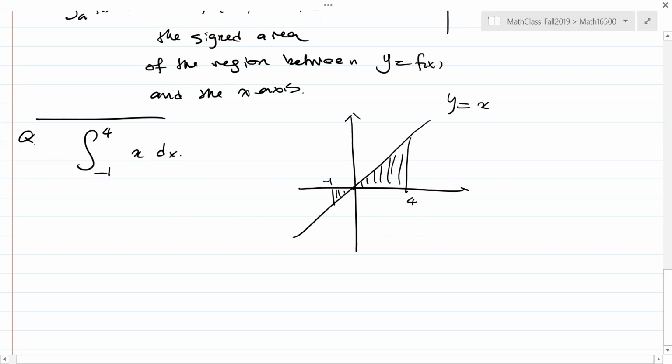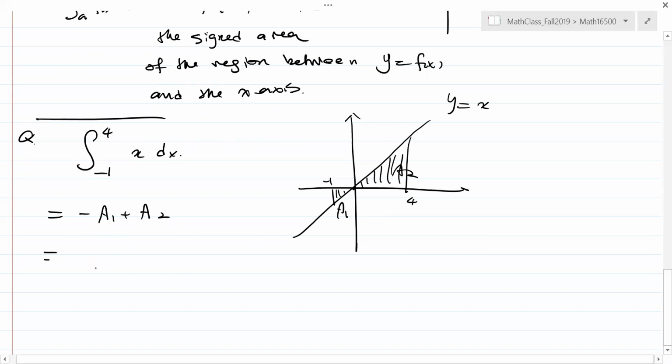Okay. So there are two regions. One small region is below the axis, the larger region is above the axis. If this area is A1, that area is A2, the integral will be -A1 plus A2. Okay. So what is the area of the triangle below the axis?